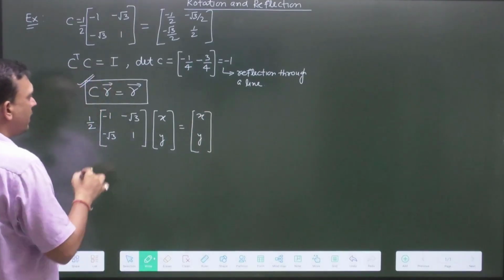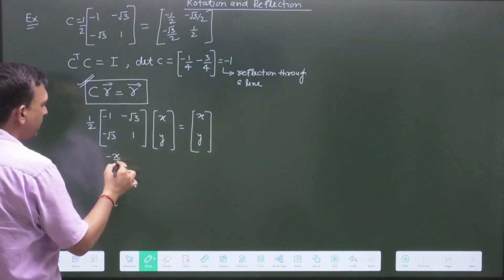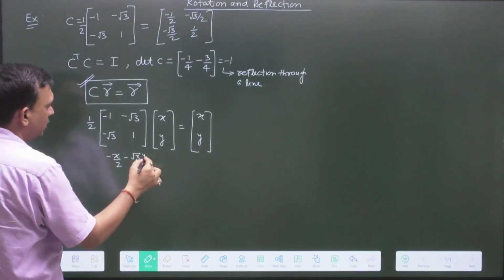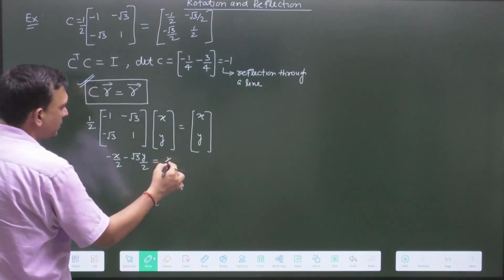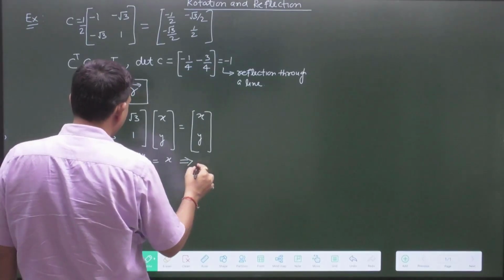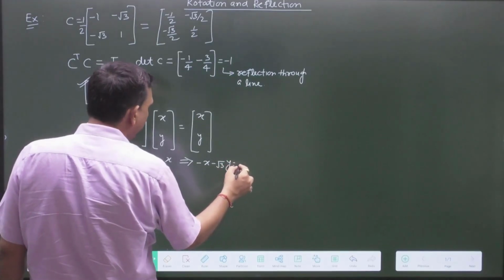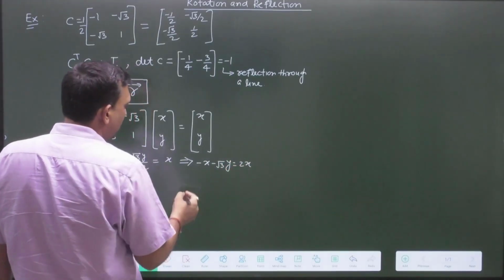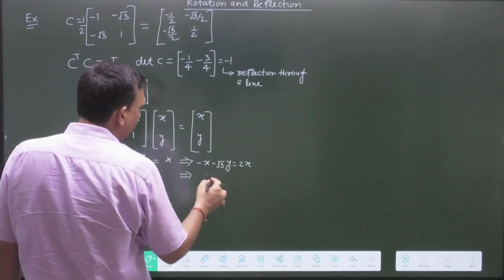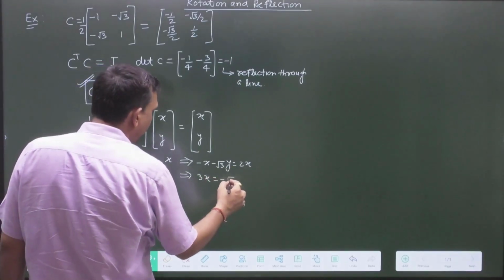So what relation you will get? Multiply row by column. So this will be minus x by 2 minus root 3 y by 2, and that will be x. So this will give you minus x minus root 3 y is equal to 2x, or 3x is equal to minus root 3 y.